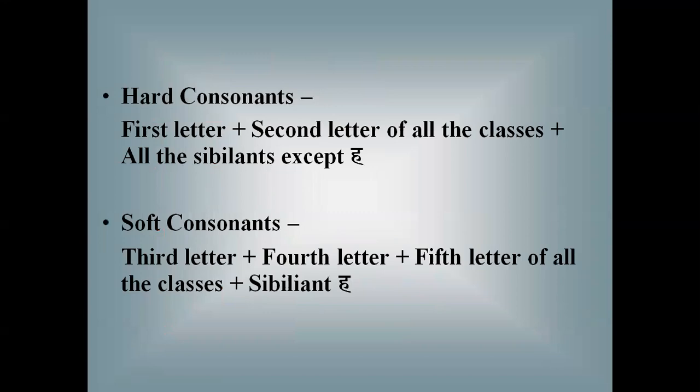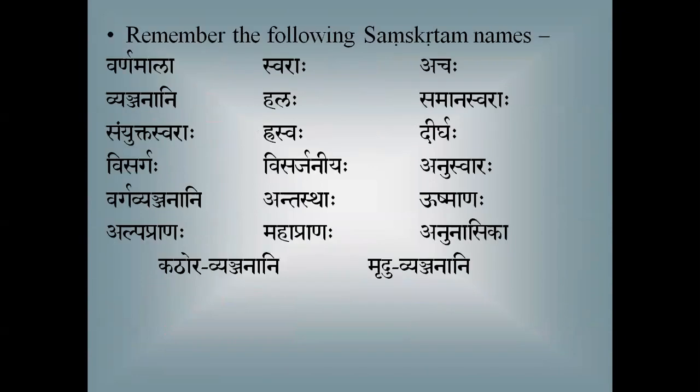Whatever I said just now, it is written: hard consonants and soft consonants. And you can remember these Samskrita names: Varnamala, Swaraha, Achaha, Vyanjanani, Halaha, Samaswaraha, Sanyukta Swaraha, Hrasvaha, Dirghaha, Visargaha, Visarjaniyaha, Anuswaraha, Varga Vyanjanani, Antastaha, Ushmanaha, Alpapranaha, Mahapranaha, Anunasika, Kathora Vyanjanani, Mridu Vyanjanani.